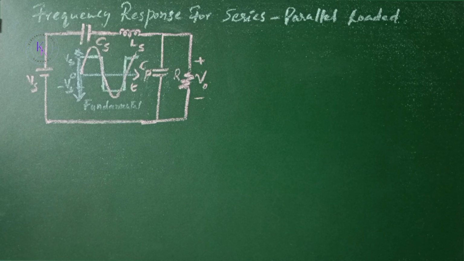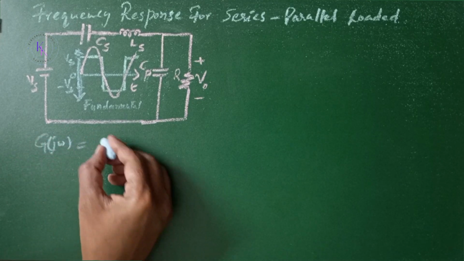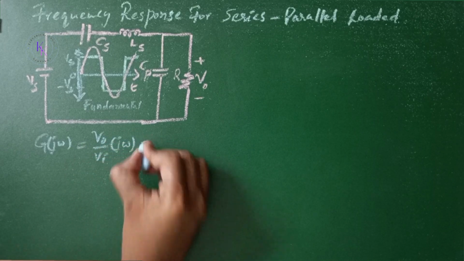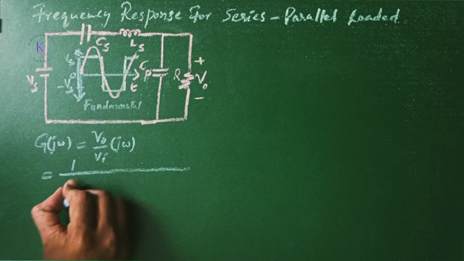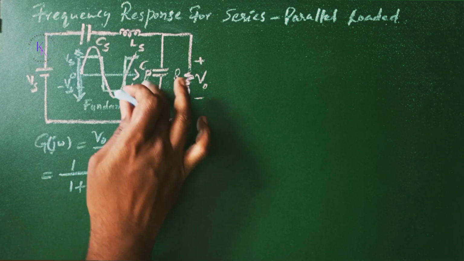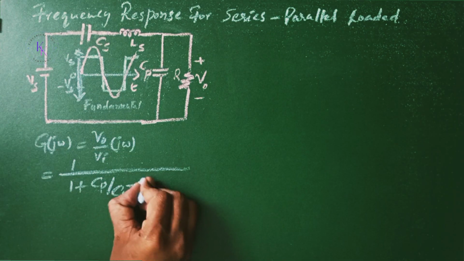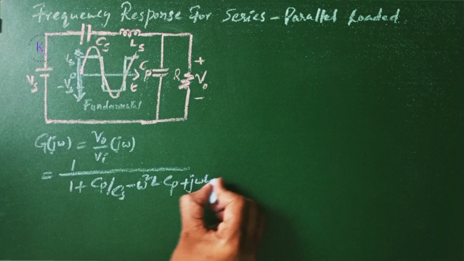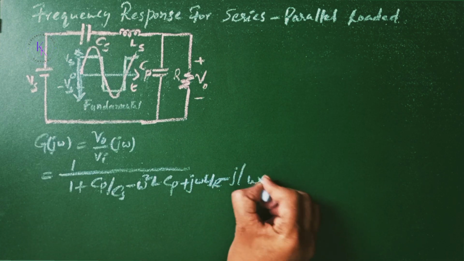Then, using the voltage divider rule, in the frequency domain, the voltage gain is given by M(jω) equals Vo divided by Vi in terms of jω, which is nothing but the frequency domain, equals 1 by 1 plus Cp, that is the capacitor in the parallel branch, divided by Cs, that is the capacitor in the series branch, minus ω² L Cp plus jωL by R minus j divided by ωCR.